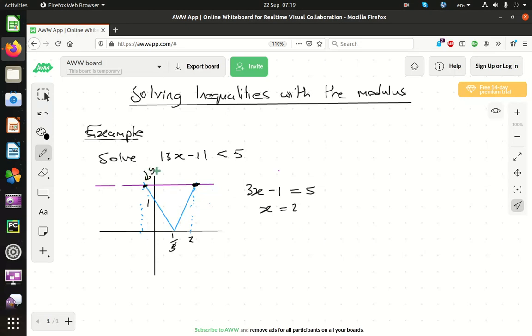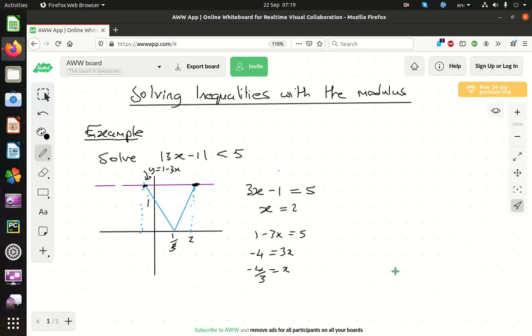It's part of the line 1 minus 3x, and I get that by multiplying 3x minus 1 by minus 1. Now I can just say 1 minus 3x equals 5, and that gives me minus 4 is 3x, doesn't it? And therefore x is minus 4/3.